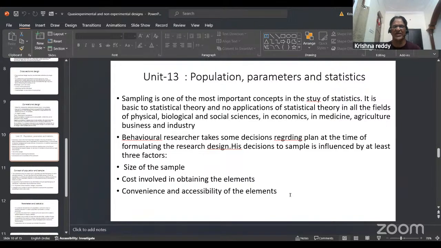Do they be available for me? Are they accessible to reach? These are the three factors that you have to consider while fixing the sample.